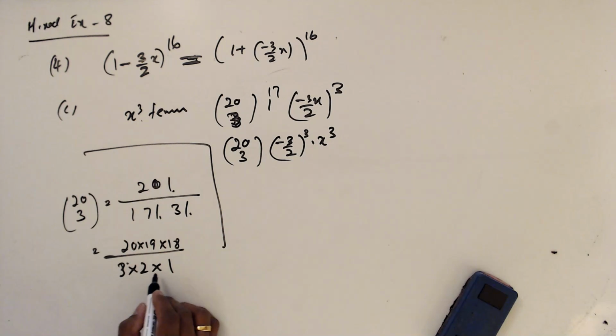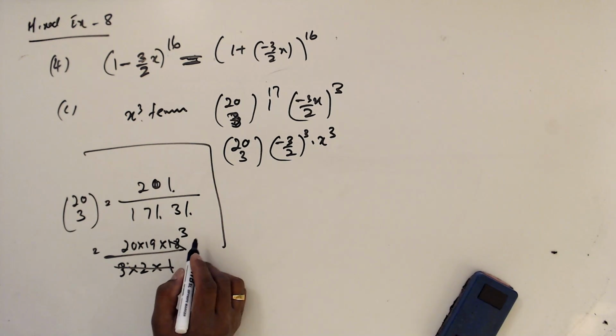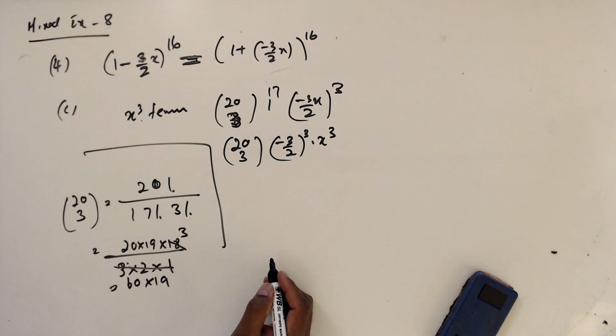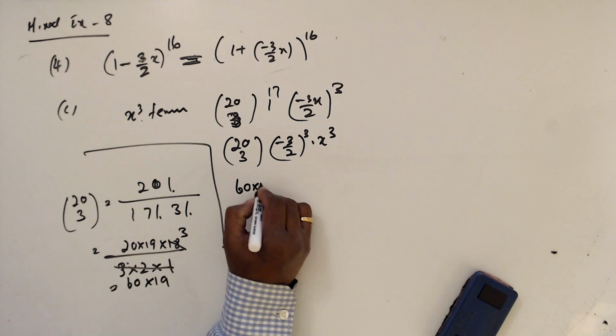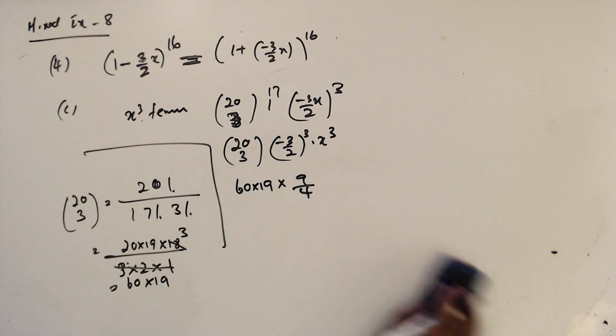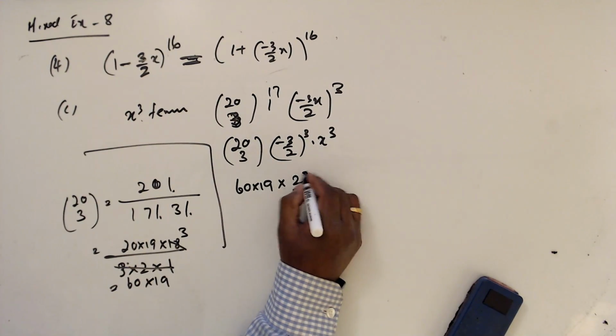So this is 6 and this is 3. So this is going to be 60 times 19 times 9 over 27 over 8.